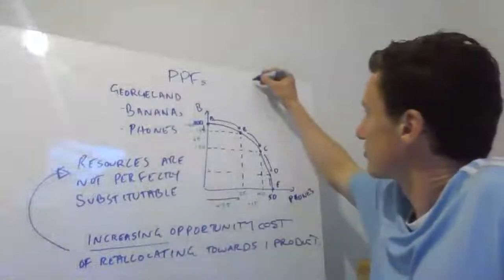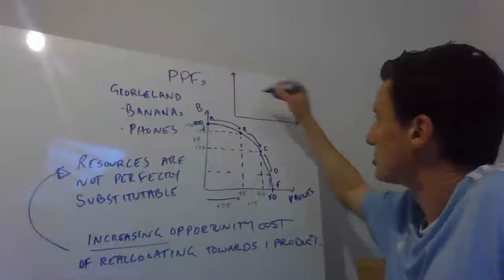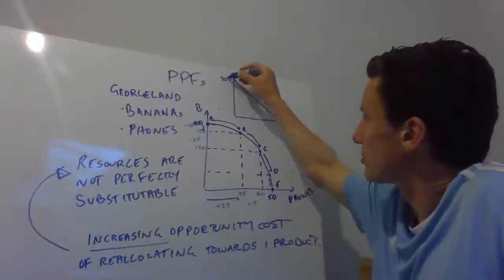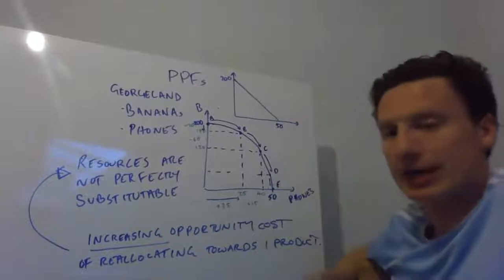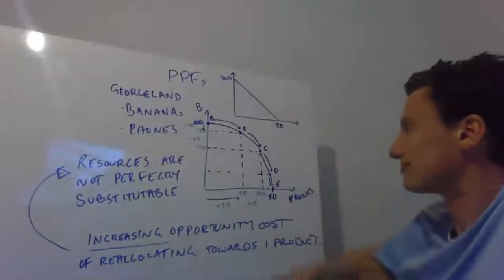Now, let's just assume, as David Ricardo did, that resources were perfectly substitutable. So we can still have the same x and y intercepts, but now instead of a curve, it's a straight line.